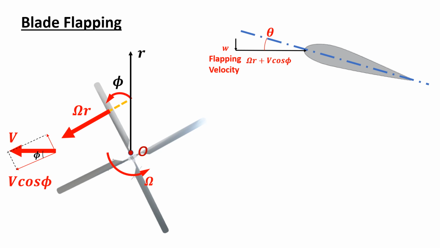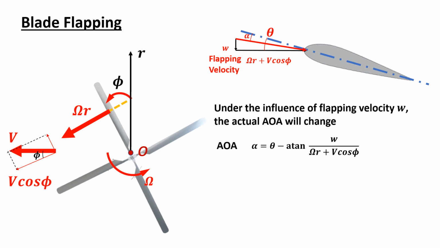So now we have the horizontal velocity, and also we have the vertical velocity. The total velocity vector, or the incoming flow vector, is like this. So essentially, under the influence of the flapping velocity, the actual angle of attack will be reduced. Okay, so now we have the angle of attack, and it's calculated this way.